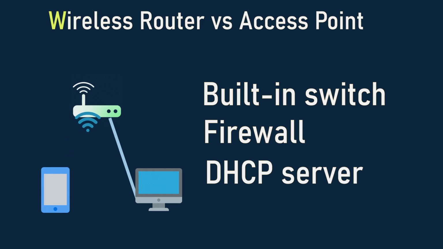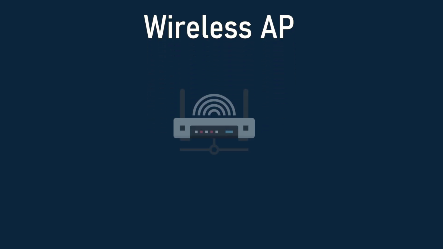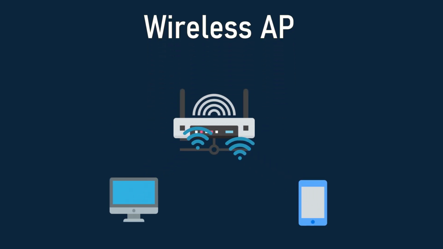On the other hand, the sole purpose of a wireless access point is to provide wireless connectivity and extend the network coverage. It only transmits radio waves so that devices can connect to the network wirelessly. That's all you need to know about the wireless access point.